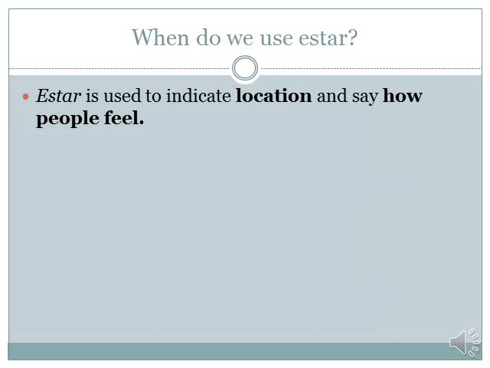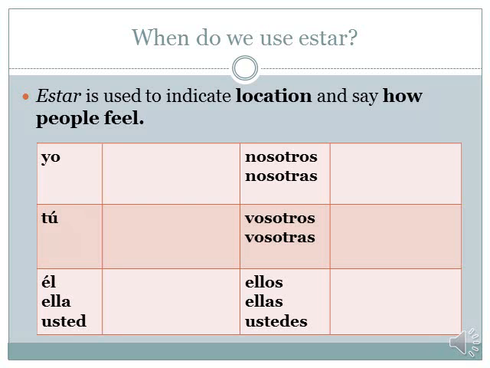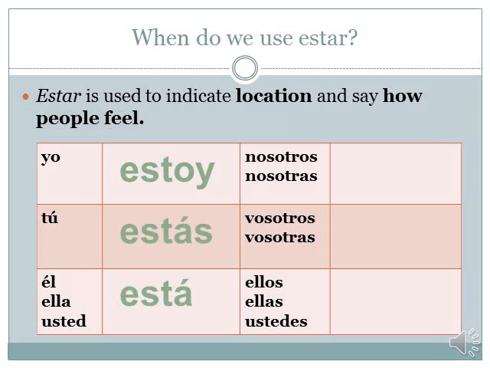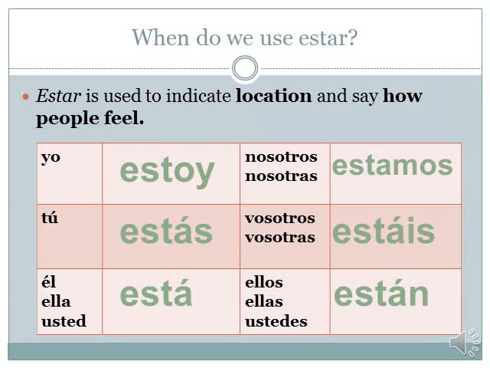Okay, so estar is used to indicate location of either people or items, or to say how people feel. So we're going to take a look at this chart. Okay, so yo estoy. Tú estás. Él está. Ella está. And usted está. Nosotros or nosotras estamos, vosotros or vosotras estáis, and ellos, ellas, ustedes están.